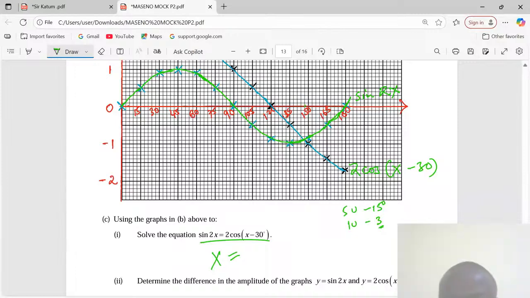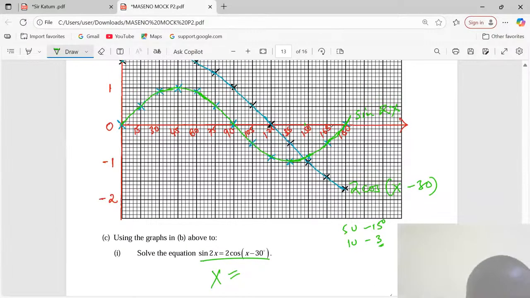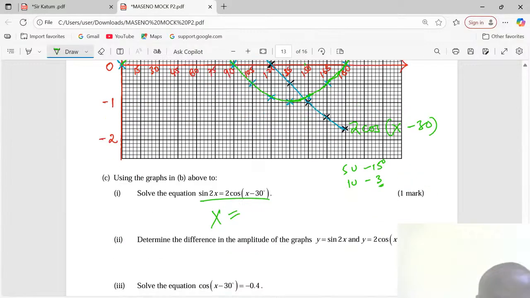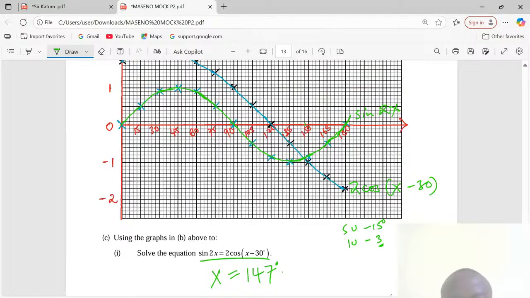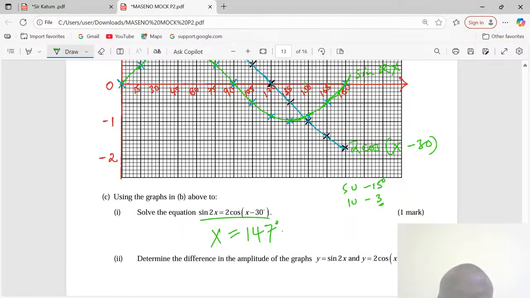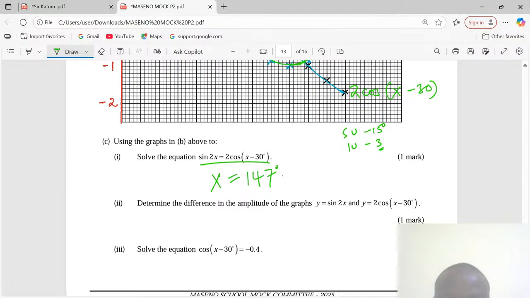So if 1 represents 3, then it means we are at 147. Just before 150, we have 147, where the two are meeting.